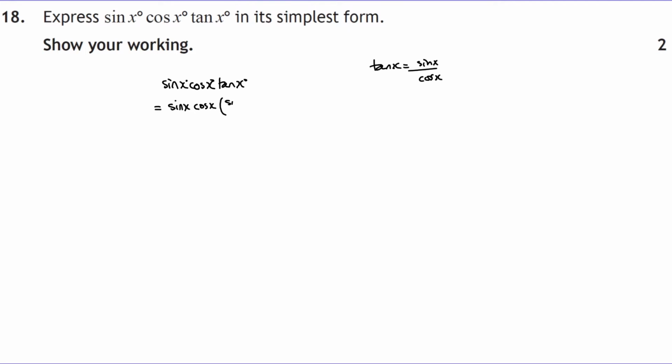So if we replace the tan x with sine x over cos x here, what you'll notice is that we end up with a cos x here and a cos x on top and a cos x on the bottom of the fraction. They're going to cancel each other out. One's a multiply by cos x, one's a divide. So we end up with just sine x bracket sine x, which is sine x times sine x is sine squared x. Okay.